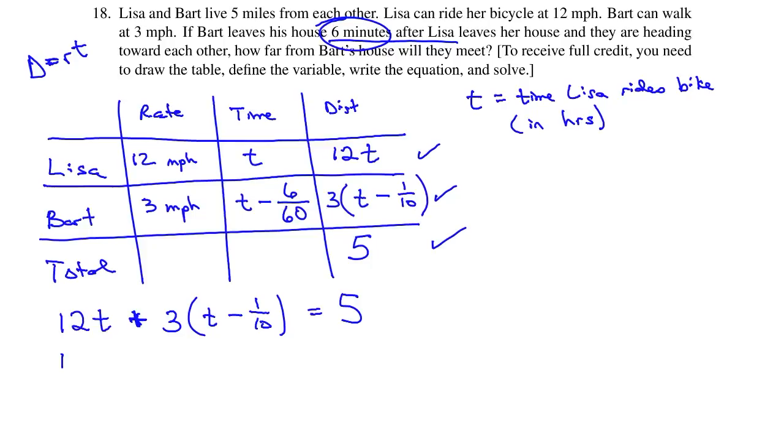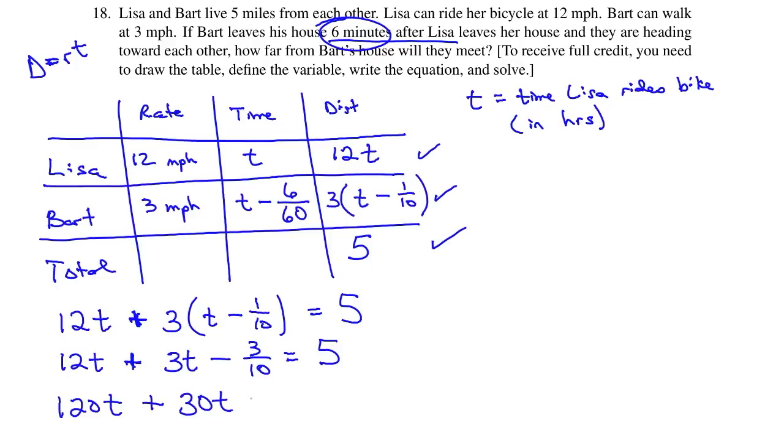Distribute the 3. You get 3t minus 3 over 10 is equal to 5. I have a fraction. I'm going to multiply everything by 10 to get rid of the fraction. So we have 120t plus 30t minus 3, because the 3 times 10 just cancels off the denominator, is equal to 50.